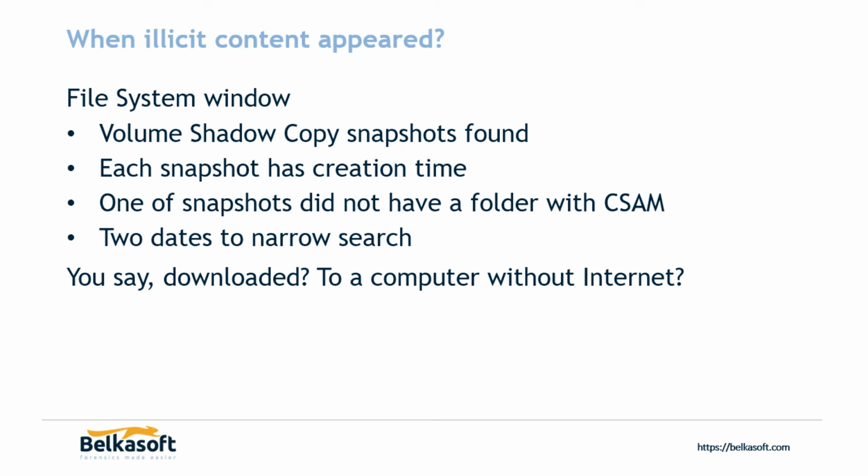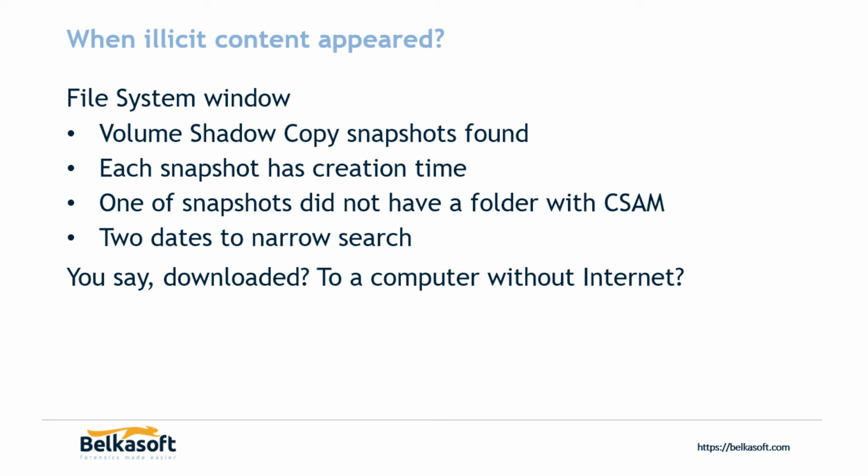The volume shadow copy is a technology provided by Microsoft in order to create backup copies of files and volumes. Such copies are called snapshots, and they may contain a full volume copy or just a difference made after a certain time. It appeared that one of the previous shadow copies didn't contain the folder with child abusing materials.